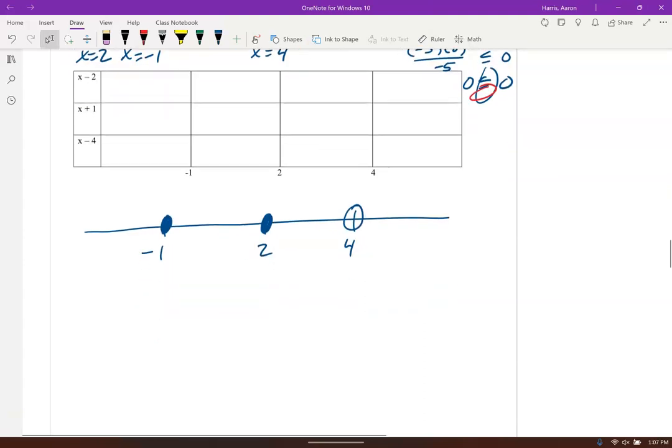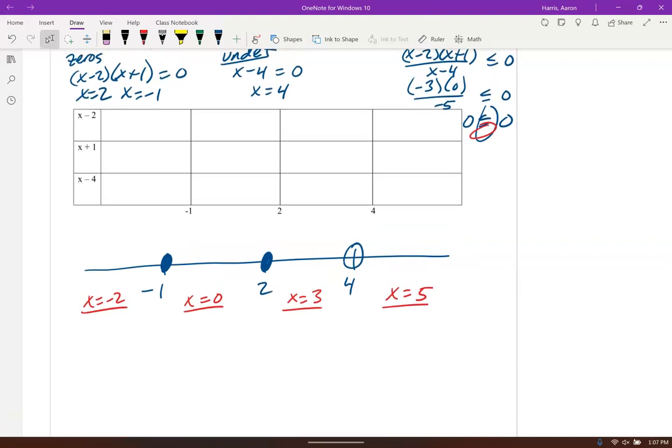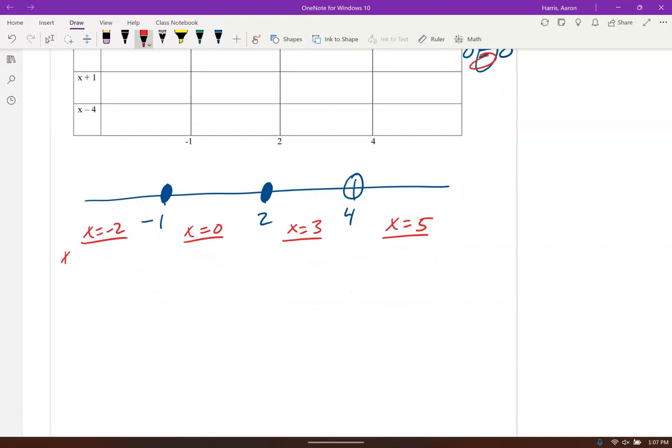So I got to test to the left, like maybe -2, something between them, like maybe 0, between 2 and 4 would be 3, and then test 5. All right, and I'm testing it in this original x minus 2 times x plus 1 over x minus 4. Is this less than or equal to 0?